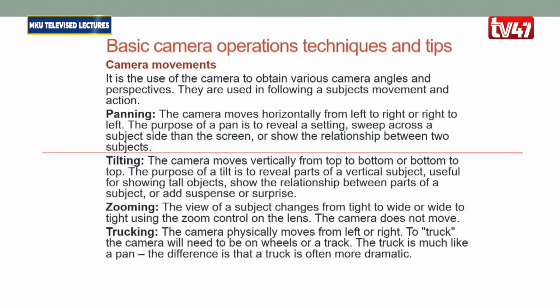We say that in panning, the camera moves horizontally from left to right, or from right to left. The purpose of a pan is to reveal a setting, sweep across a subject side to side on the screen, or show the relationship between two subjects.